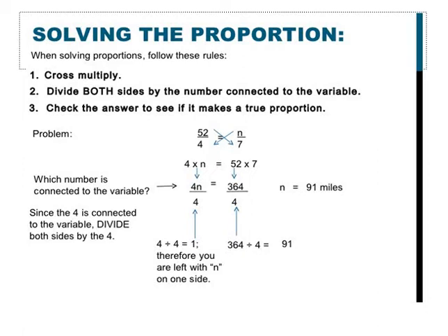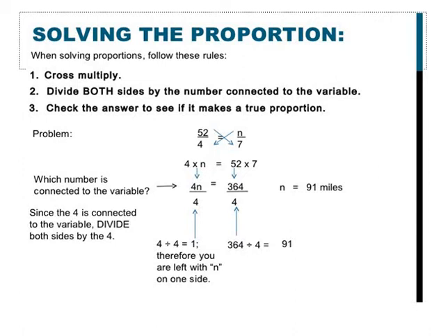I want to find the value of the variable itself, not as a product or a quotient. My target is to reach x equals. Then check the answer to see if it makes a true proportion, by substituting.